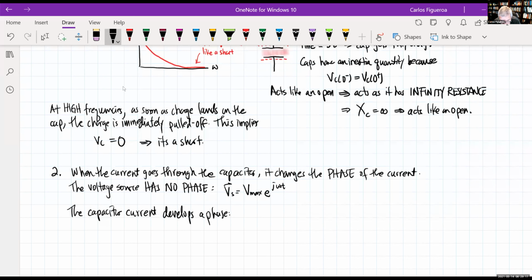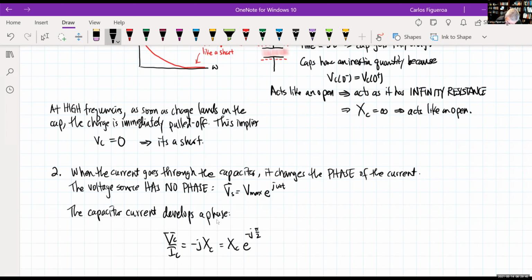And what we said here is that the way we wrote this down here is that we had VC over IC, and then we had minus jXC, which is the same as XC e to the minus j pi over 2.